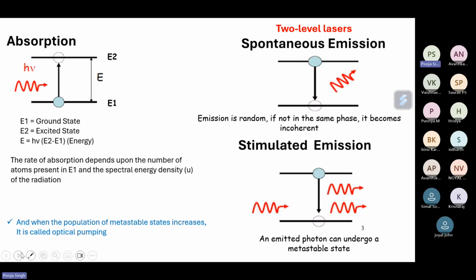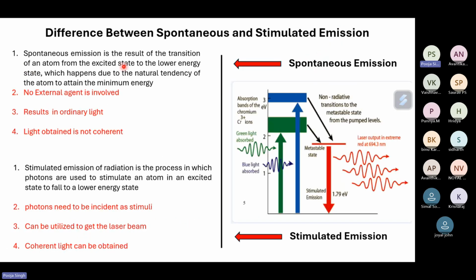This happens naturally. We are not applying any external things. Naturally it will have the tendency to attain the minimum energy, the ground state. No external agent is involved, and it results in ordinary light, and the light obtained is not coherent.